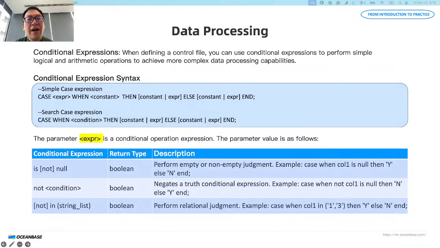Okay, the third part is conditional expression. When defining a control file, you can use the conditional expression to perform simple logical and arithmetic operations to achieve more complex data processing capabilities. Let's take a look at an example directly.